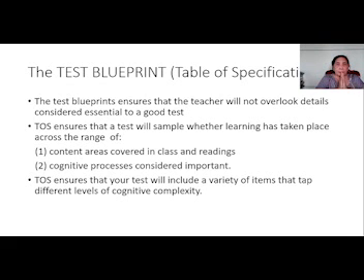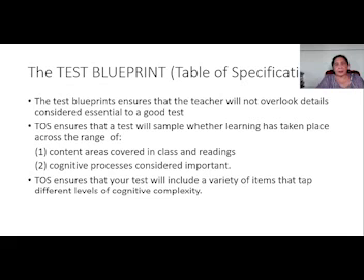So the test blueprint, what's another word for the test blueprint? Table of specifications, your TOS in short. The test blueprint ensures that the teacher will not overlook details considered essential to a good test. TOS ensures that the test will sample whether learning has taken place across the range of content areas covered in class and readings.